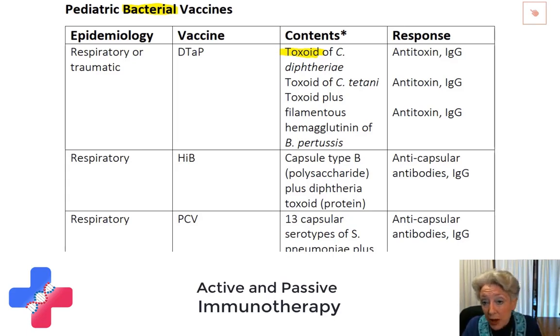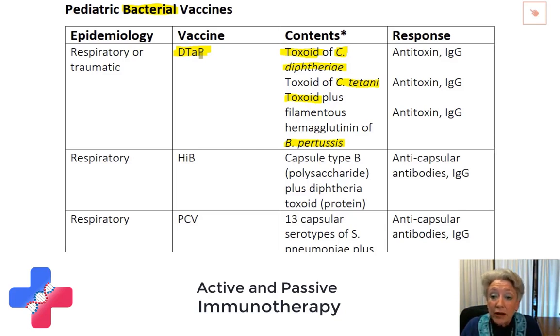So if you notice my bacteria that I'm speaking about here, we have C. diphtheria toxin, we have Clostridium tetani toxin, and we have the toxoid of Bordetella pertussis, all included in the DTaP vaccine. That abbreviation stands for diphtheria, tetanus, and acellular pertussis.